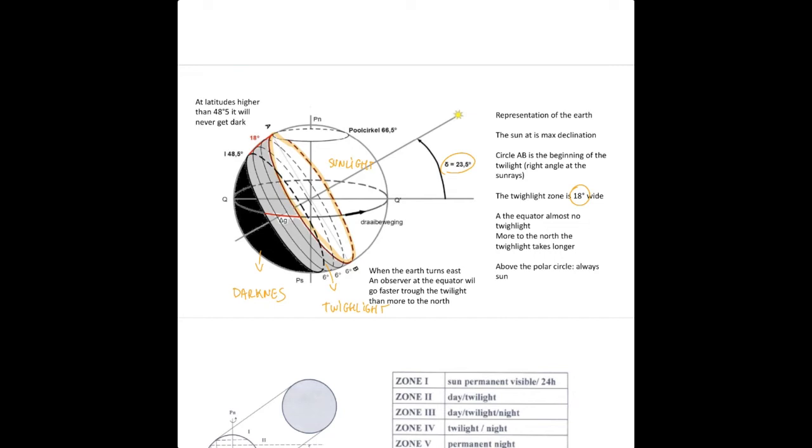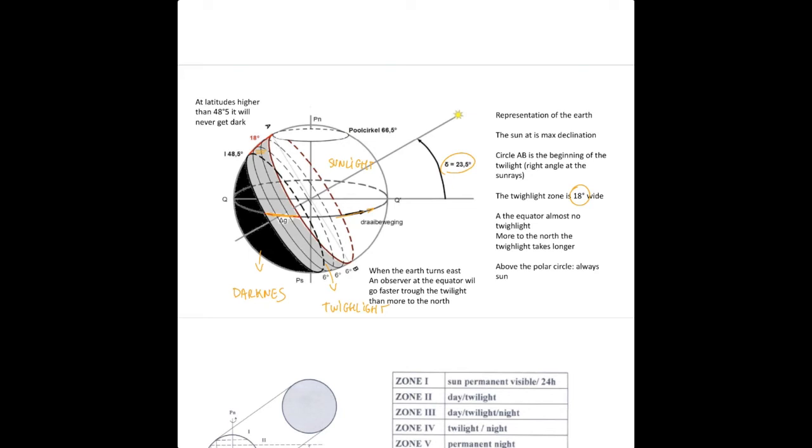More to the north, the twilight takes longer. At the equator, the twilight will go faster, because when the Earth turns east, in this direction, an observer at the equator will go faster through the twilight than more to the north. More to the north, this goes slower.